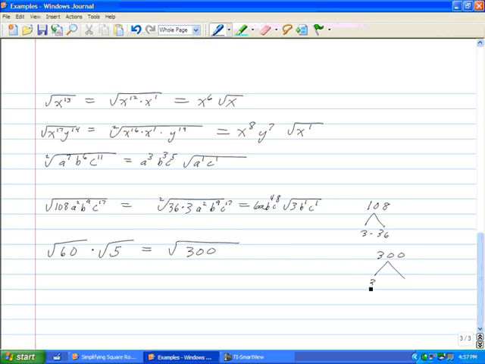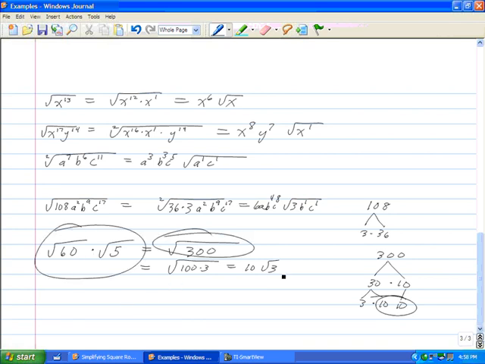Let's see, that's a 30 times a 10, which is 3 times 10 times 10, oh, look, there's our perfect square. So we should break this apart into a 100 times 3, 10 square roots of 3. So if it's given to you already broken apart, it's usually best to put it back together and then start looking for your perfect squares at that point.